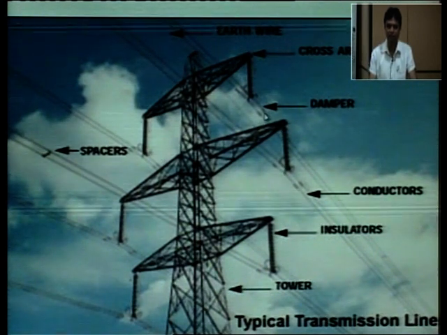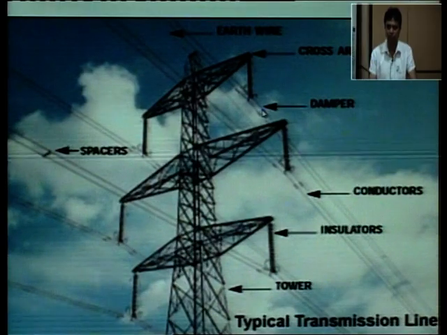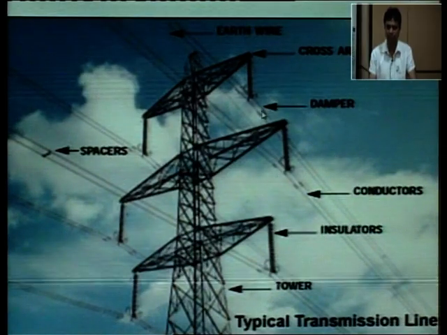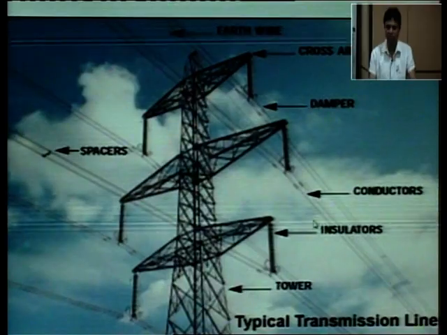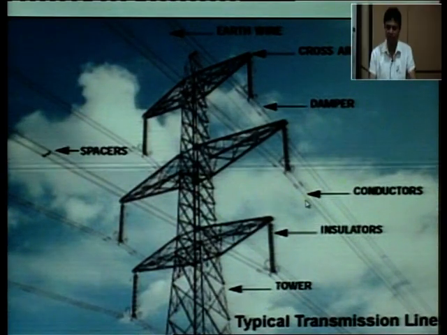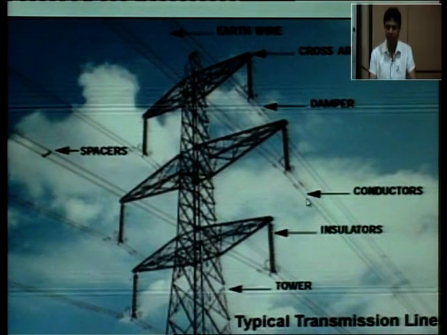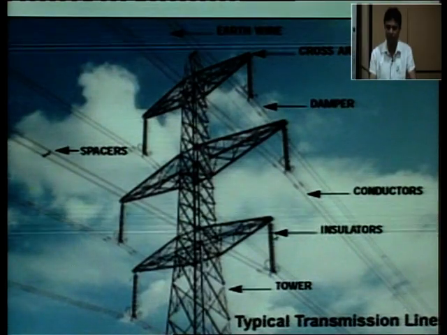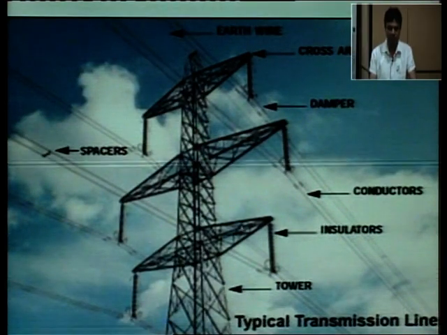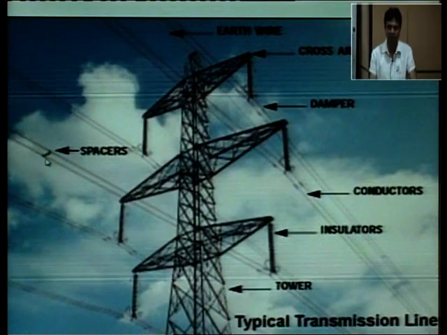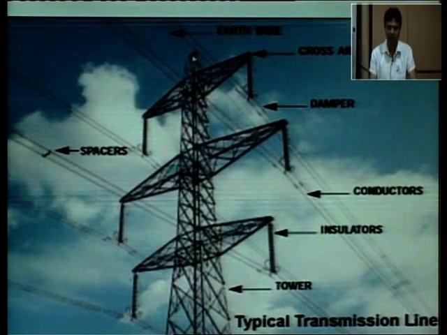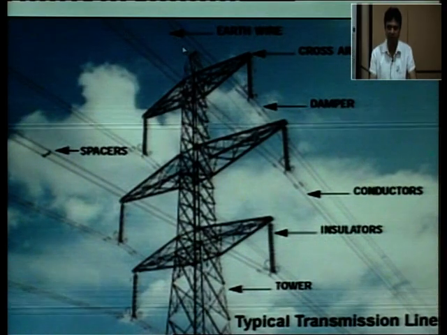So, these are the dampers to damp the vibration that occurs due to wind. These are the conductors for transmission of electrical energy. So these are the insulators. So these are the spacers clearly visible, and above all this one is the earth wire.